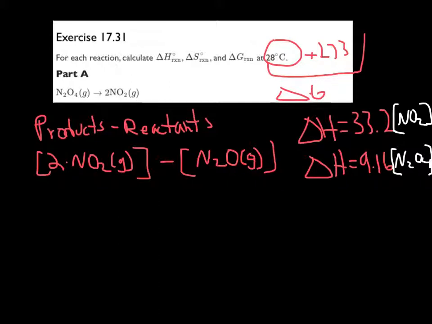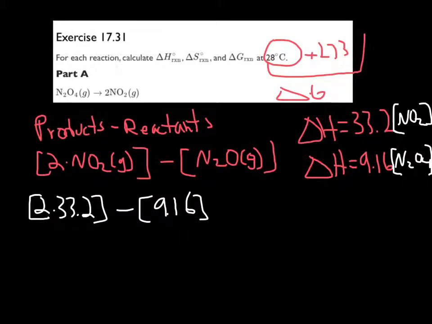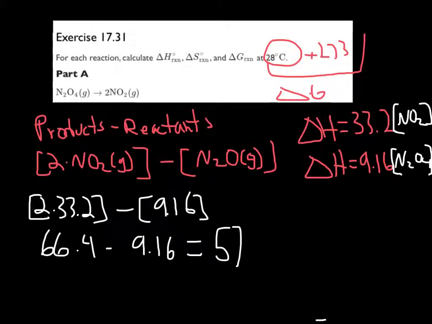If we plug in these values, 2 multiplied by 33.2 minus 9.16, so we get 66.4 minus 9.16. We'll get something around 57.24 kilojoules, right? So that is the delta H value.